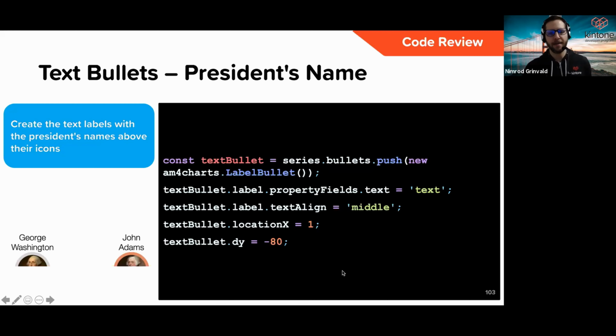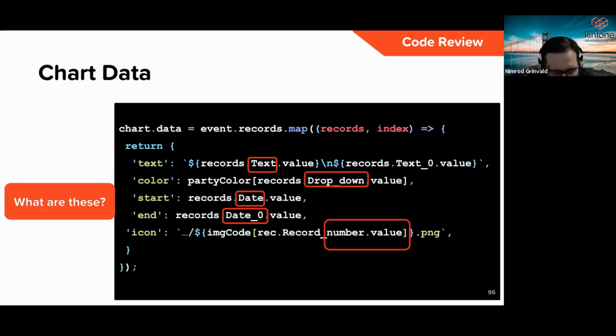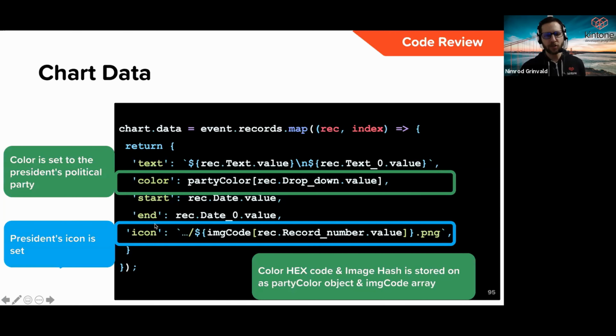Okay, then the text bullets. Now we need to put a name on top of these pin bullets. Okay, so we got that from, if you remember, our data pipe. In fact, let me pull up our data pipe right now. There it is. So here's our data pipe. Remember? So we just talked about start and end.